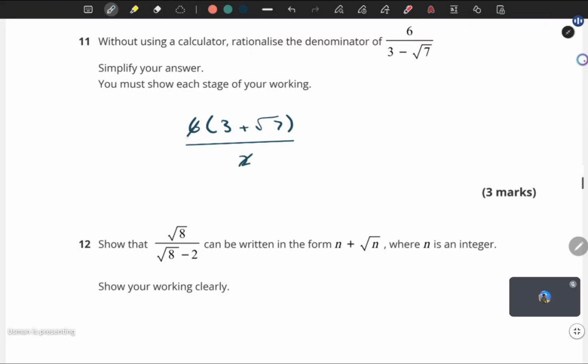This becomes 2. Let's cancel this out. Let's make it 3. This becomes 9 plus 3 root 7. Because 3 will multiply with the root 7 as well. So 3 will multiply with all of the contents of the brackets, right? Yes. Now try question 12.